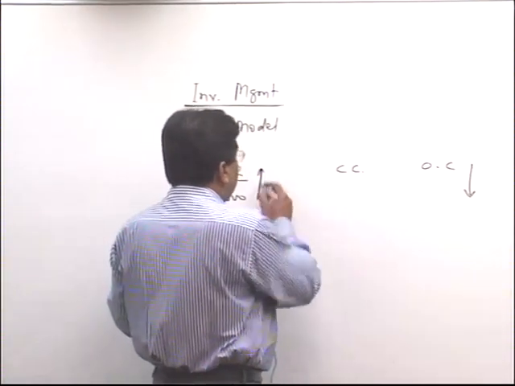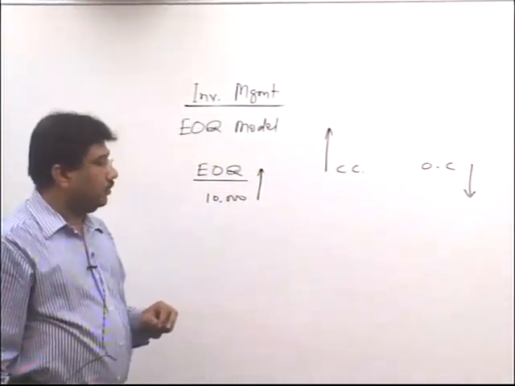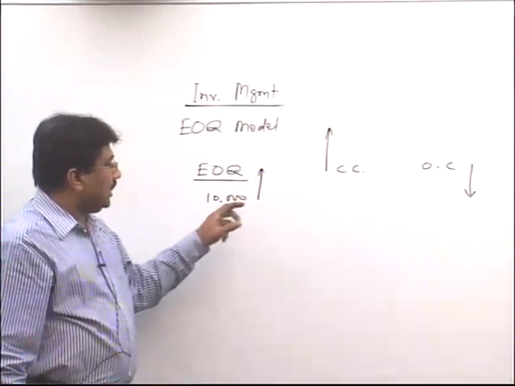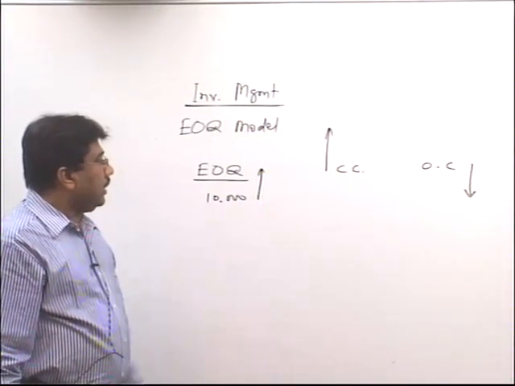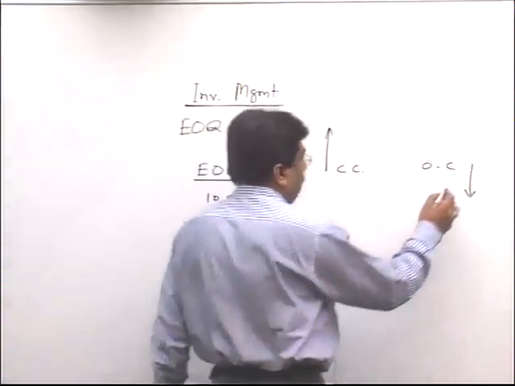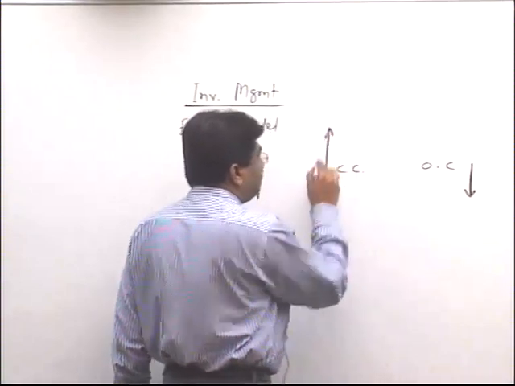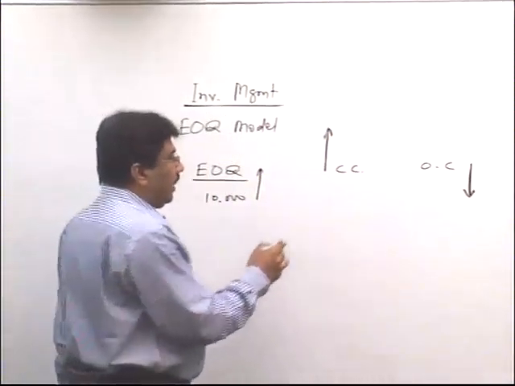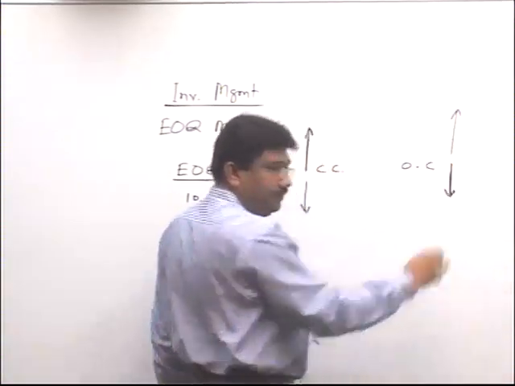But when you increase the quantity ordered, the carrying cost goes up. So you can say that carrying cost has a direct relationship with the quantity ordered. Now if we try to reduce the first one, the other one goes up. In the same way, if we try to reduce the other one, the first one will go up.